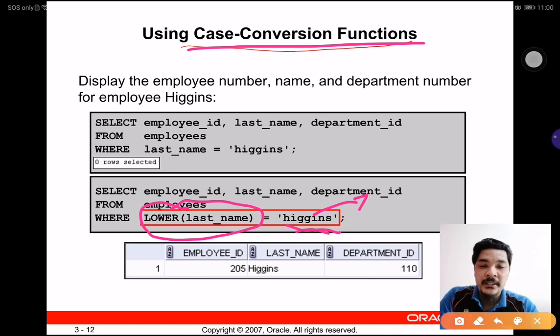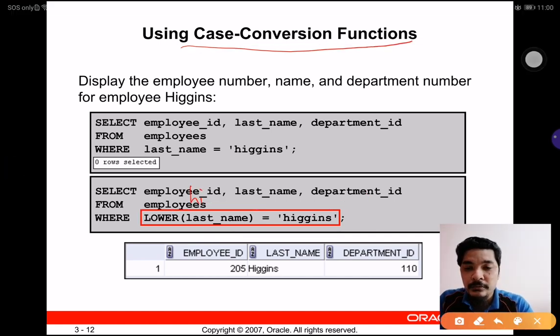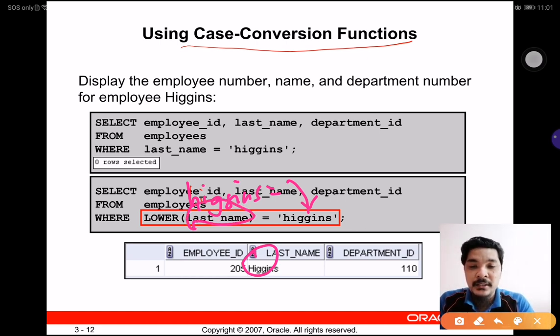So if we compare, it will match, even though in our database the H is uppercase, because we already converted the column into lowercase. Lower and lower will match, then it will produce this output.